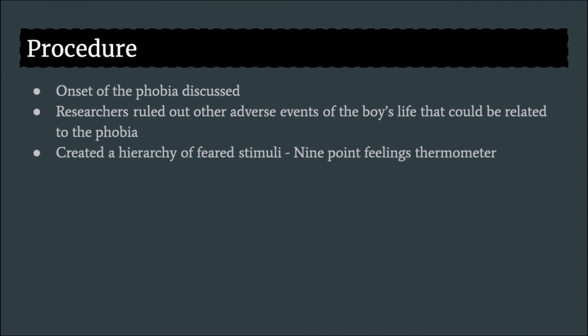Then the researchers were also careful in ruling out any other adverse events in his life, such as sexual abuse or physical abuse that any child could have experienced after the onset of his phobia, as he described in his classroom. The researchers were careful in ruling out any other events that could relate to the onset of the phobia, to make sure that we are not leaving out any other important event in his life that could have caused this phobia, right?